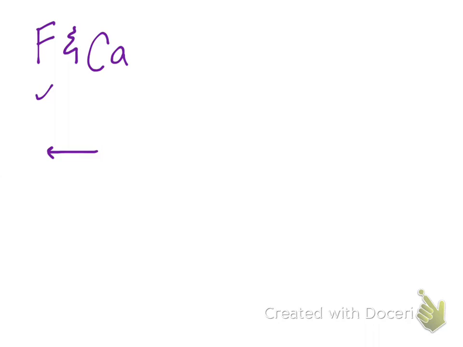Let's say we looked at a bond between phosphorus and fluorine. Which of those is more electronegative? Fluorine. So we could look at the difference in their electronegativity values, and decide, are they sharing evenly or unevenly?